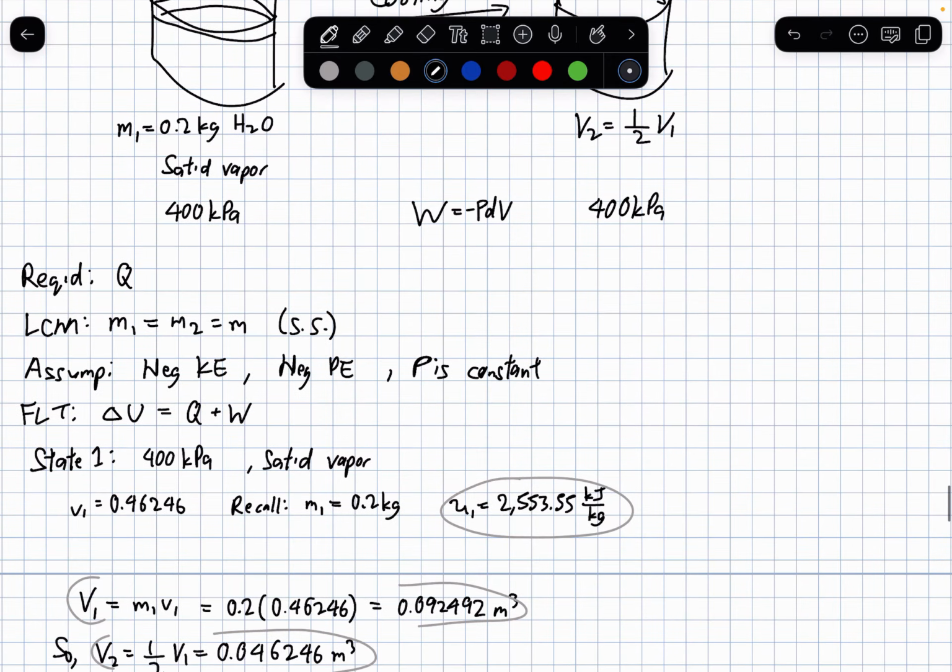By law of conservation of mass, it's still 0.2 kilograms in the other side.